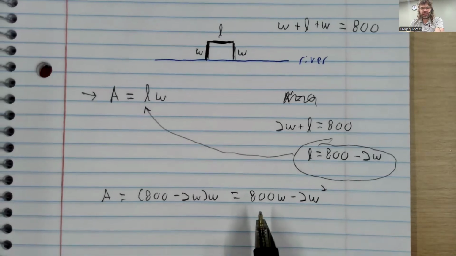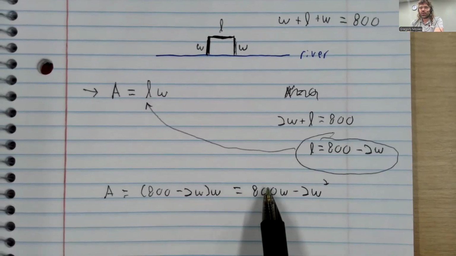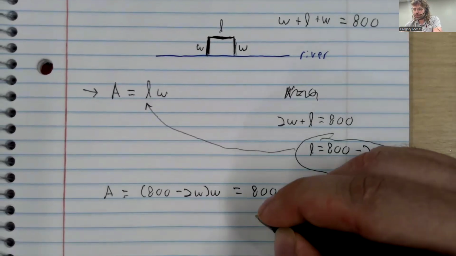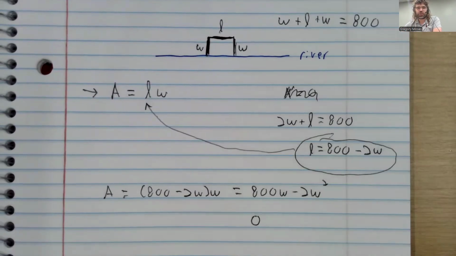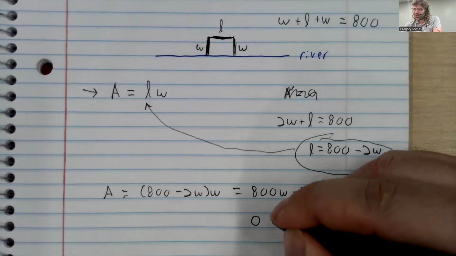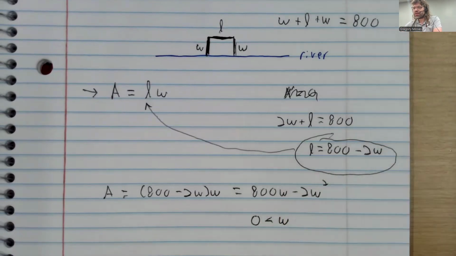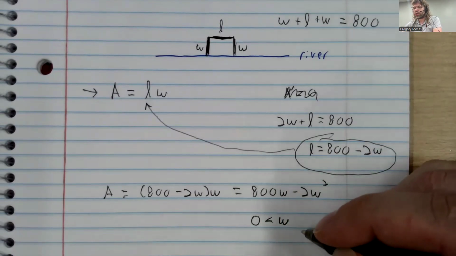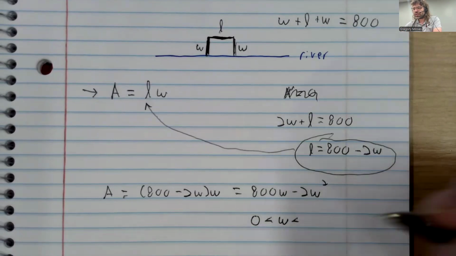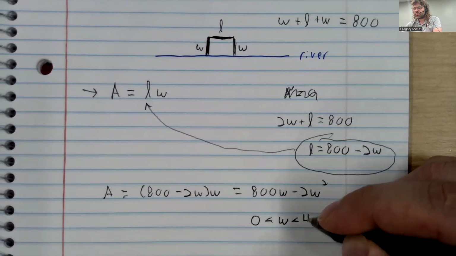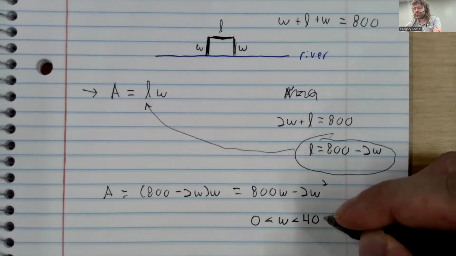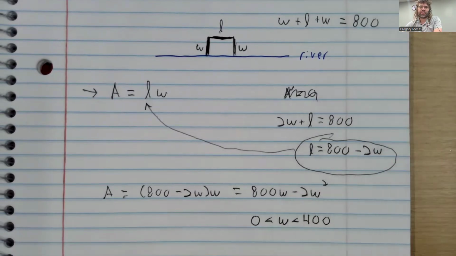Here it is true. Well, it's sort of true. W can be between 0 and 400.